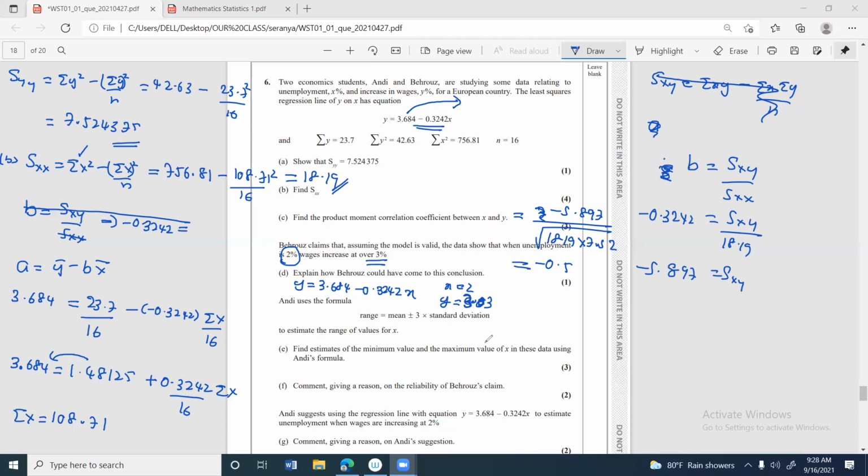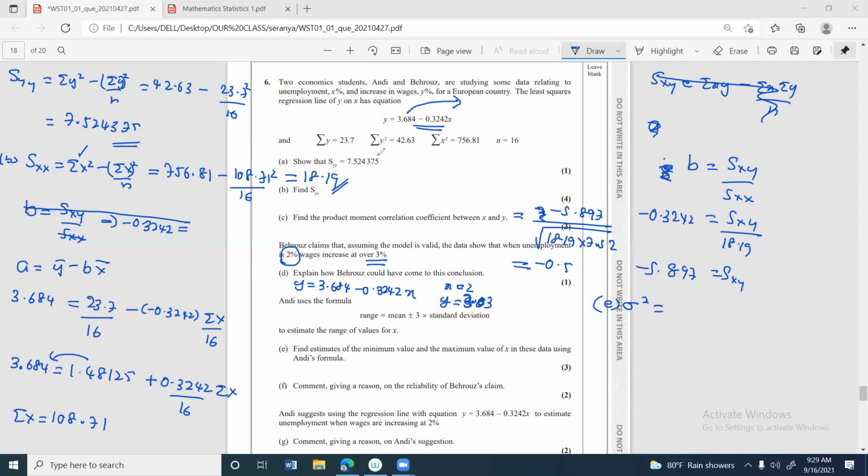Then we need to find, let me erase this part. Initially, we need to find the standard deviation. Sigma squared is summation of fx squared divided by n.